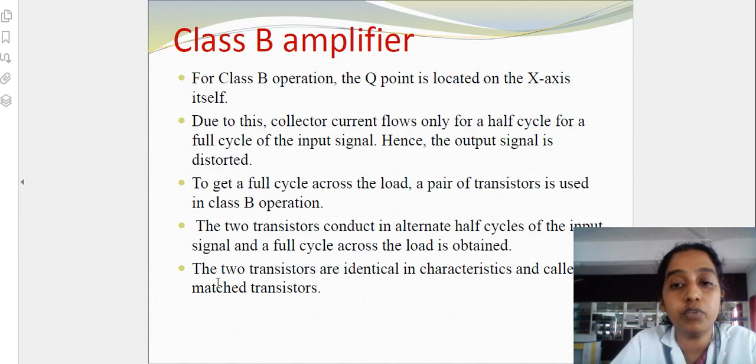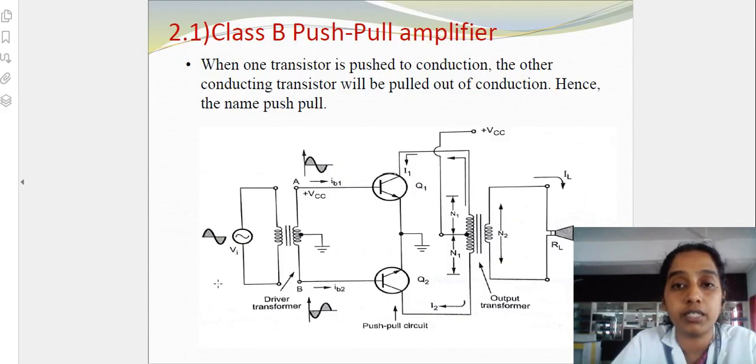So to get a full cycle, a pair of transistors is used. We have two transistors which conduct in alternate half cycles. For one half cycle one transistor will be on, and for the other half cycle the other transistor will be on, and vice versa. The two transistors are identical in characteristics, and they are called matched transistors.